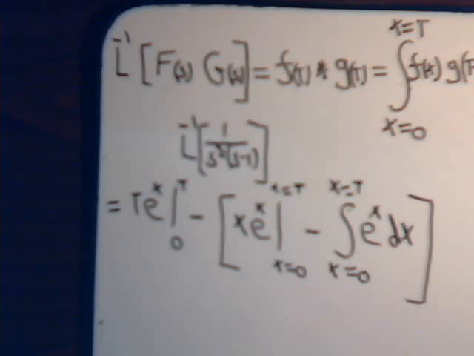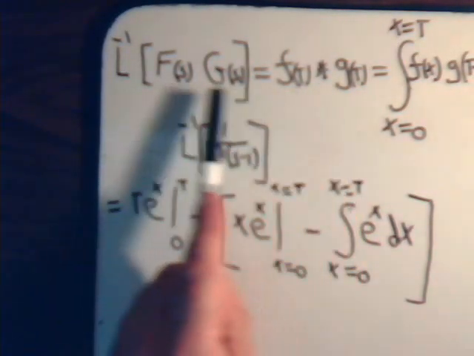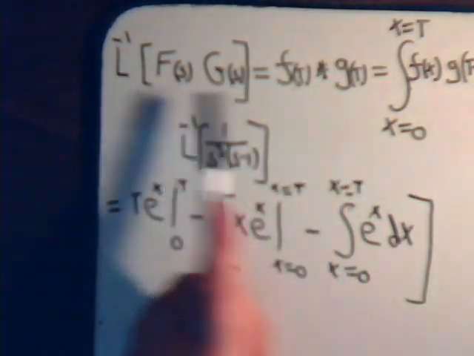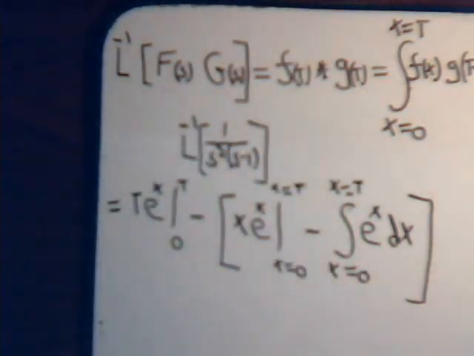And why is that true? Because of this equation, which we have yet to prove. We will prove this equation in a future video. But let's see what we have.